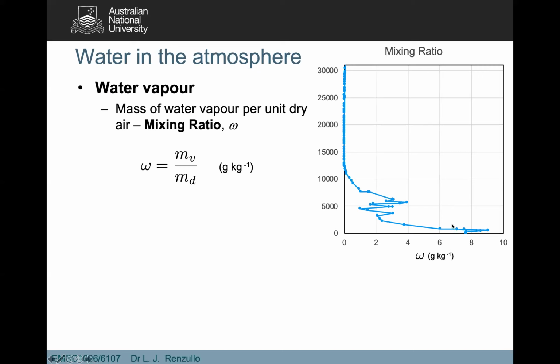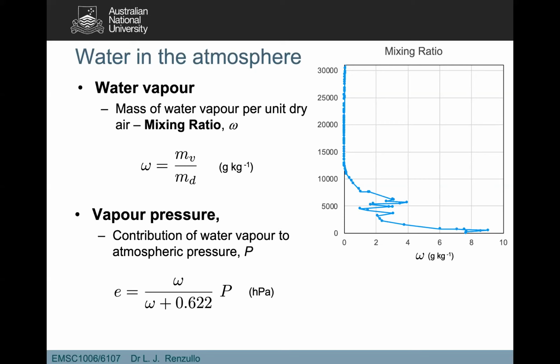You can see the general decrease in mixing ratio with altitude, higher mixing ratios at the lower part of the atmosphere compared to very low at the top of the troposphere to 0 above about 12 kilometers. So what this says is that most of the water in the atmosphere is in the troposphere, but more importantly, most of it is concentrated near the surface of the atmosphere. The surface of the troposphere.